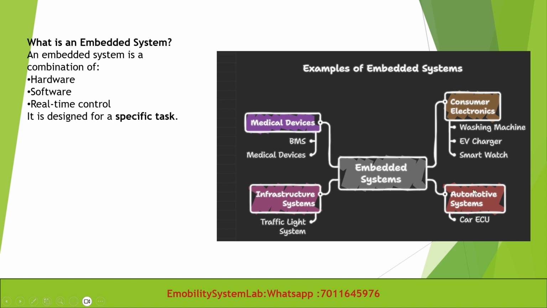And automotive systems like the car ECU, electronic control unit. Inside cars there are multiple ECUs, and all the ECUs are basically just microcontrollers. We flash the code inside those ECUs, and the ECUs control the peripherals of the car.